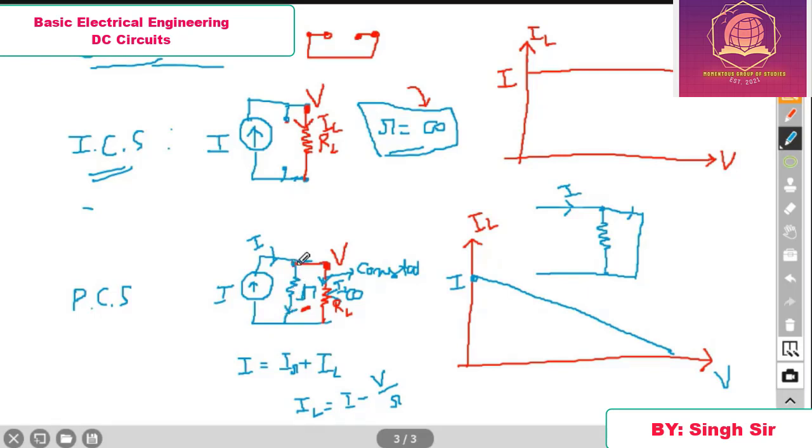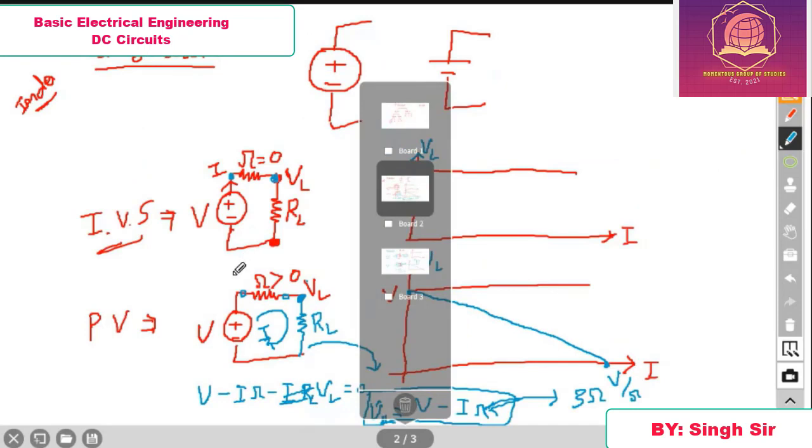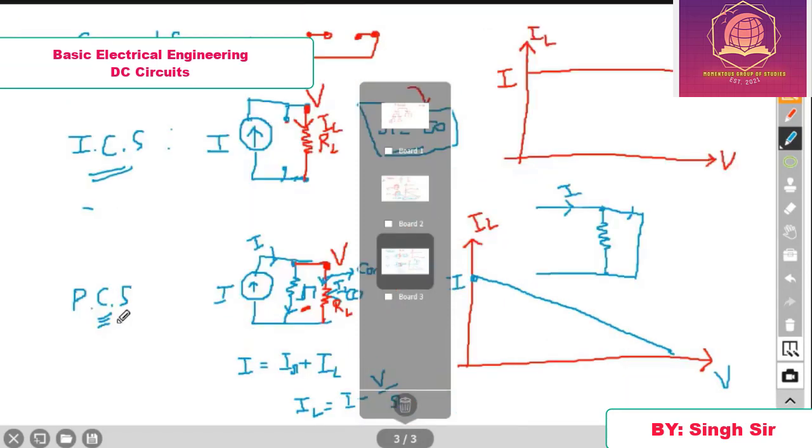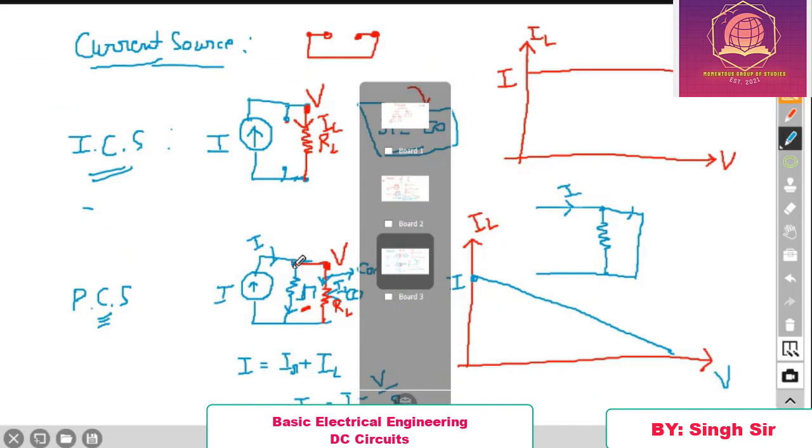That is another important thing: in a current source the internal resistance comes in parallel, as compared to a voltage source, where the internal resistance comes in series. That's the important point you need to remember.